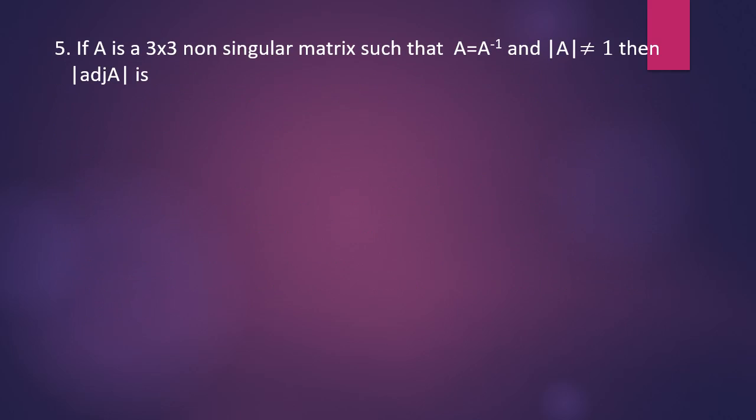The next question is, if A is a 3 by 3 non-singular matrix such that A is equal to A inverse and determinant A is not equal to 1, then we have to find the value of determinant of adjoint A. So the familiar result is determinant of adjoint A is equal to determinant A to the power n minus 1, where n is the order of the matrix.